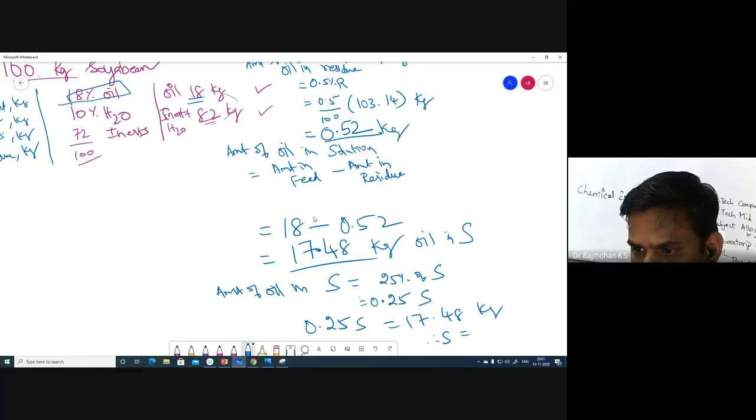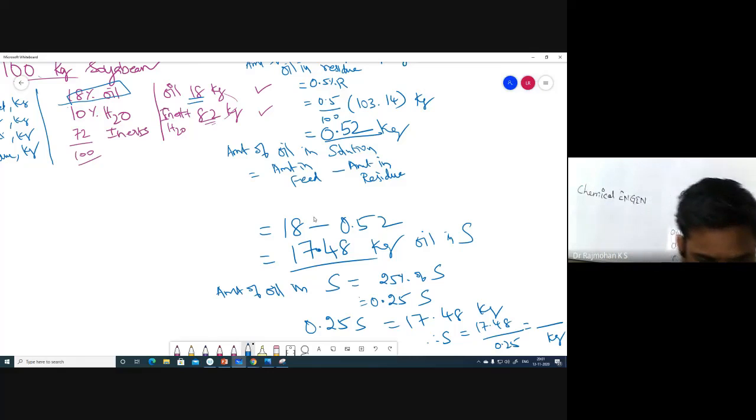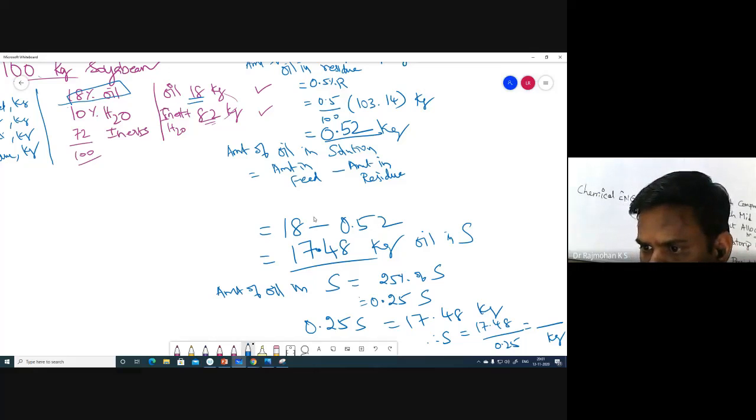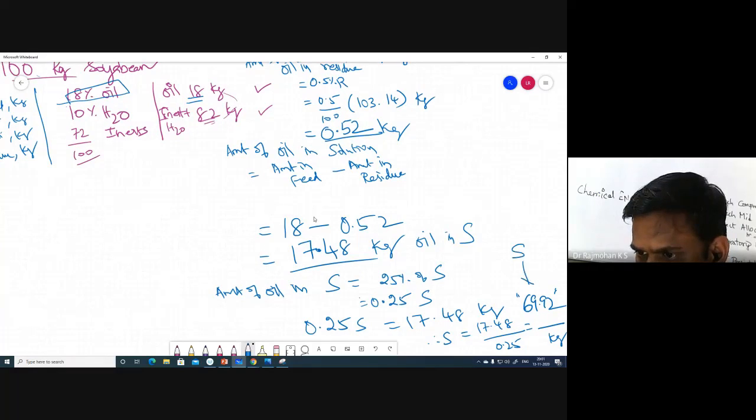Therefore, S is equal to 17.48 divided by 0.25, which is 69.92. So 69.92 kg is the S value.